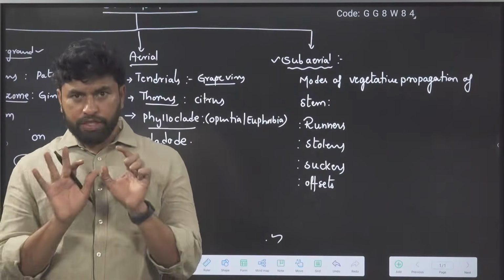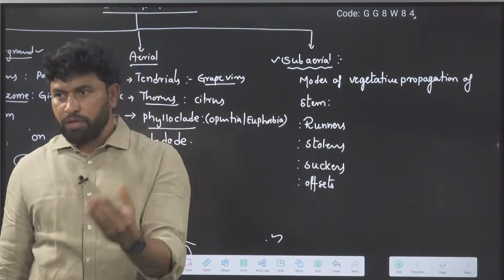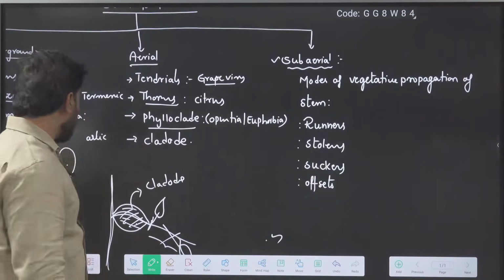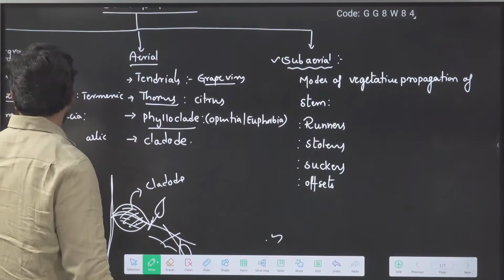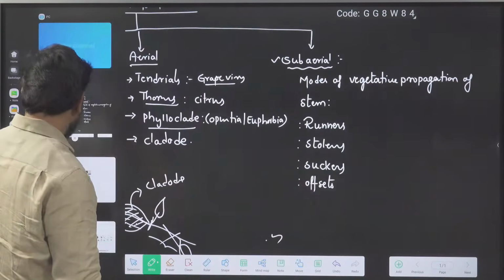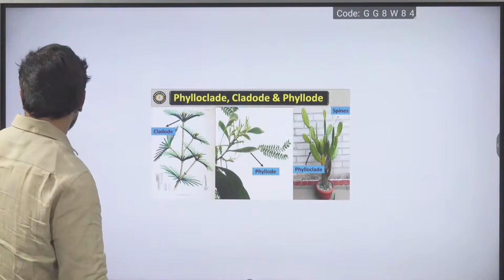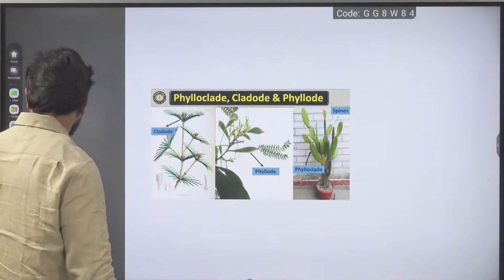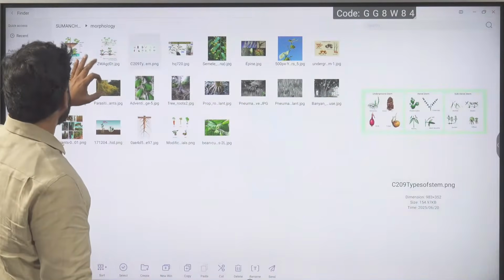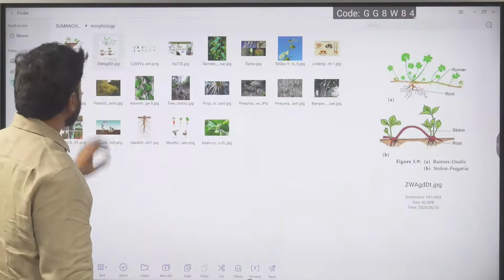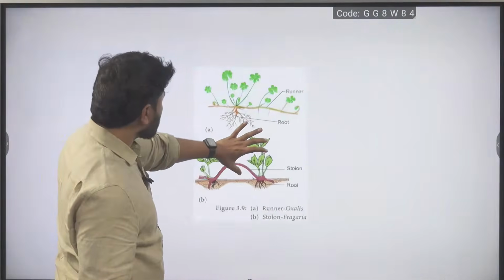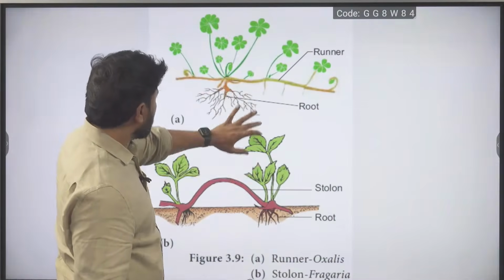They conduct vegetative propagation by these methodologies or modes. Okay, let me take them: runners, stolons, suckers and offsets. In them, consider here the runner. There is a runner. First one.